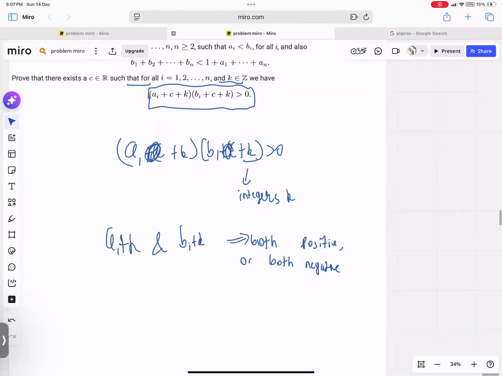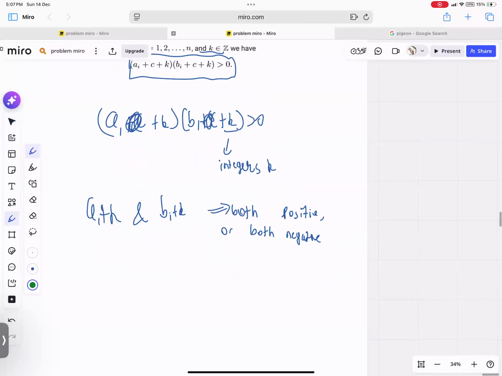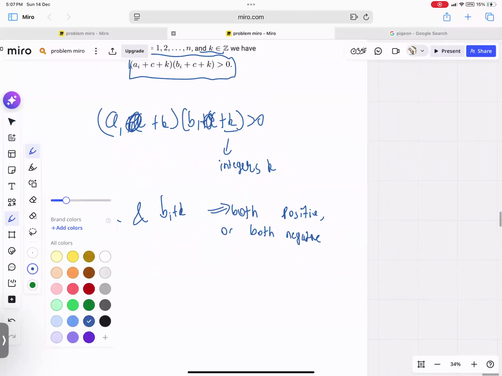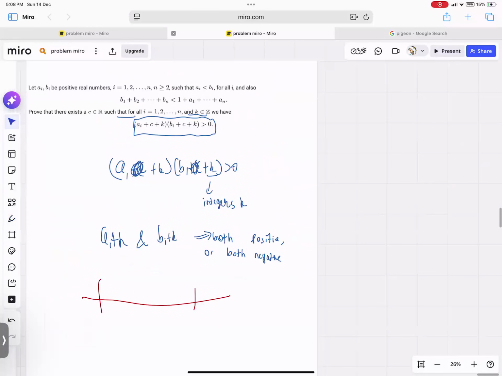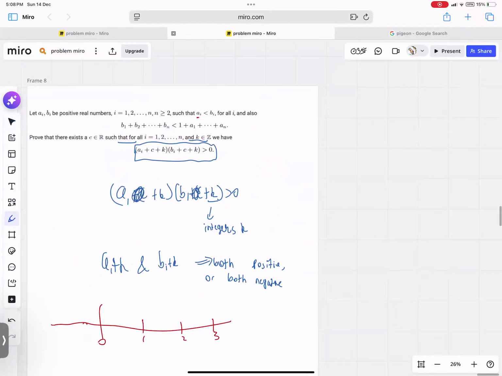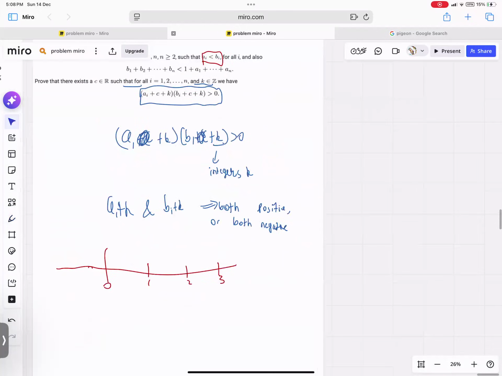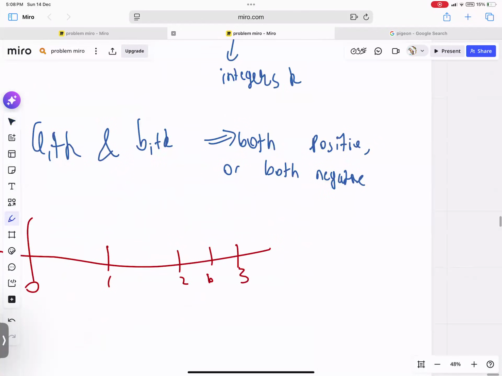So say we take these numbers on the real line. By the condition, we know BI is less than AI. So say something like, let me do a different color.